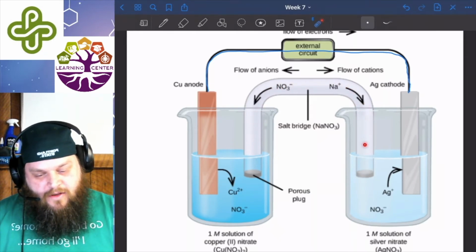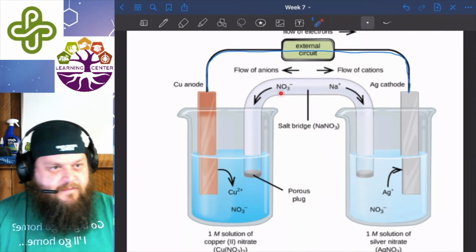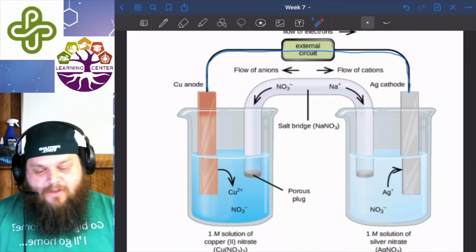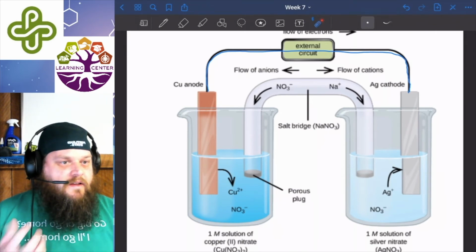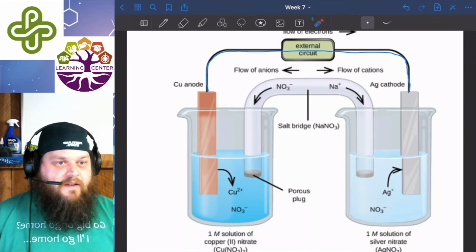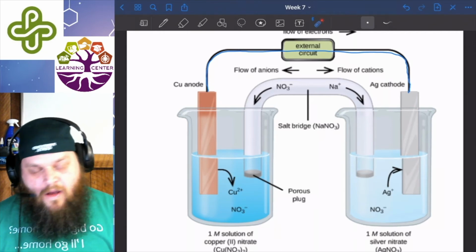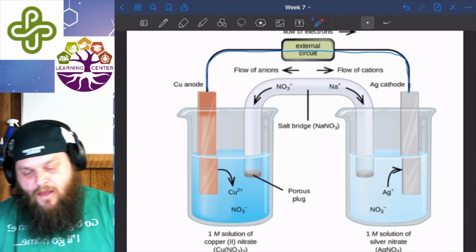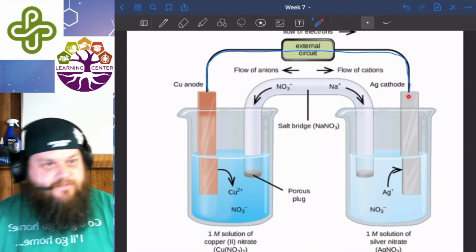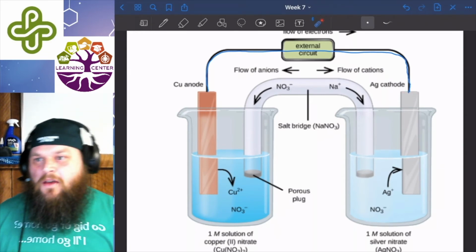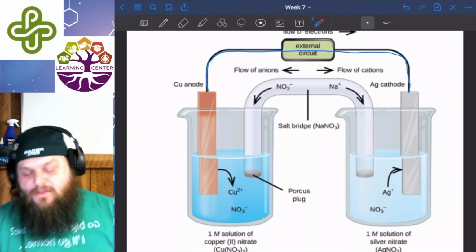This salt bridge is really sodium nitrate. That salt bridge is going to act to balance the chemical charge within those baths while this reaction is happening. And the anode here is connected through a wire to the cathode. So we're going to break down what's all happening in this.